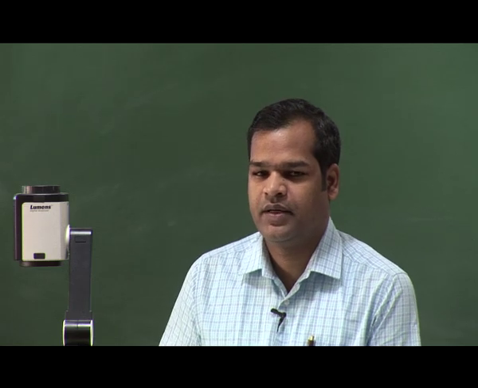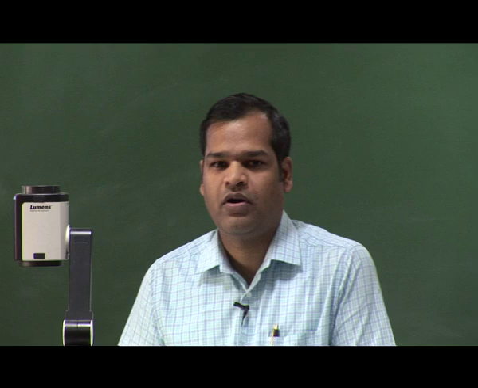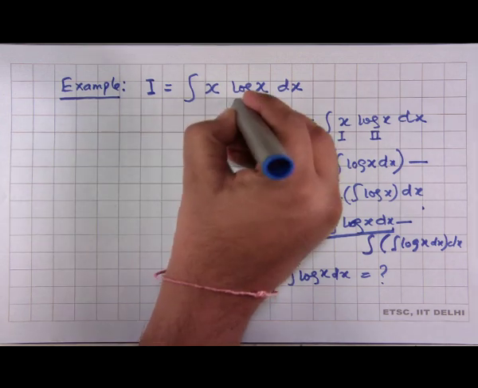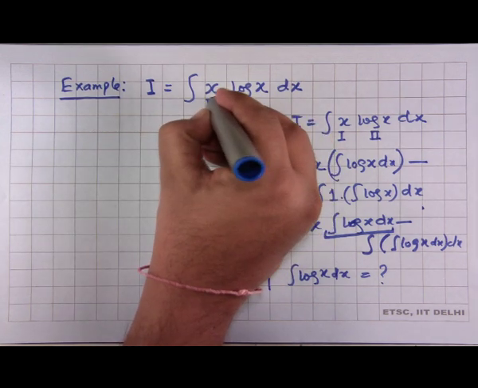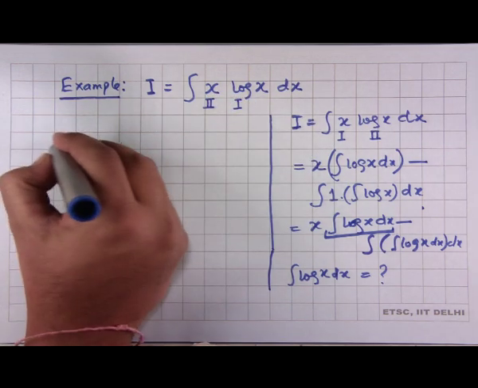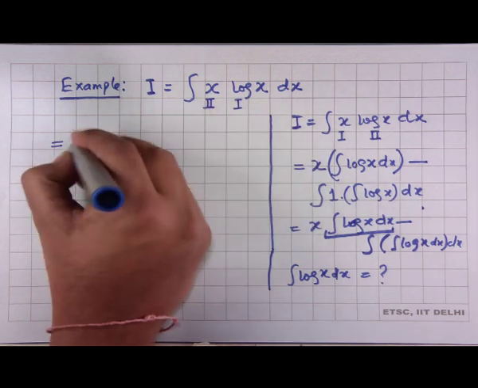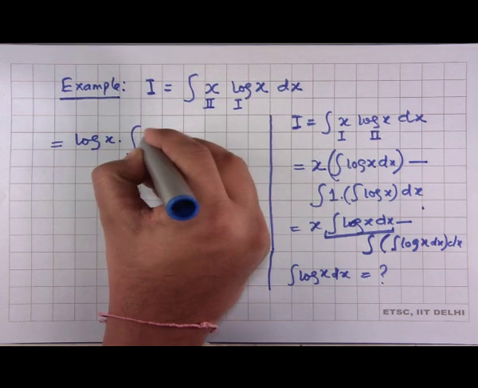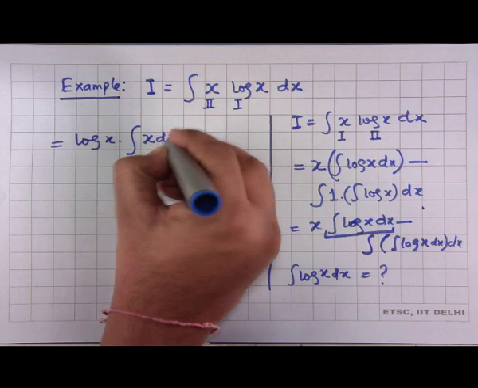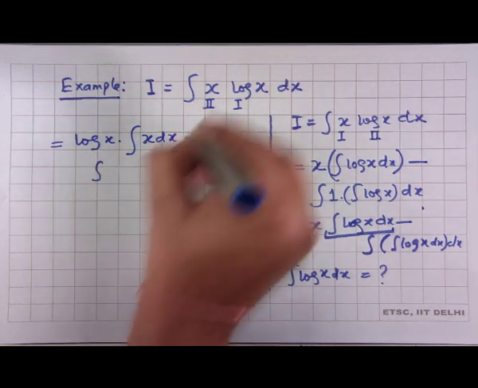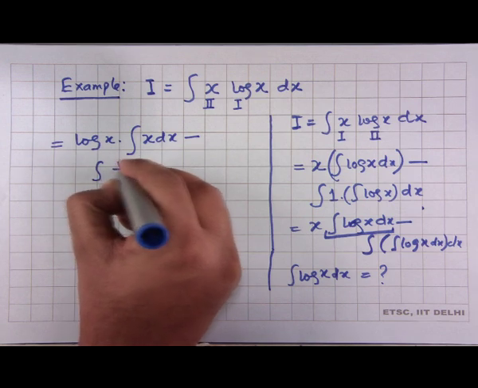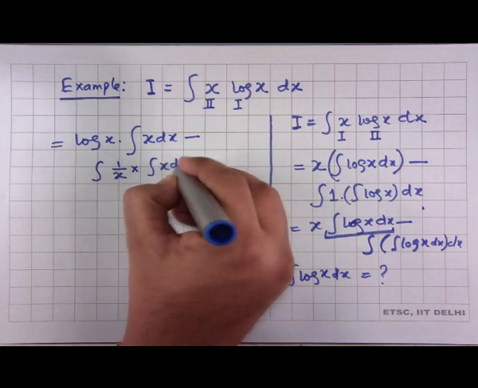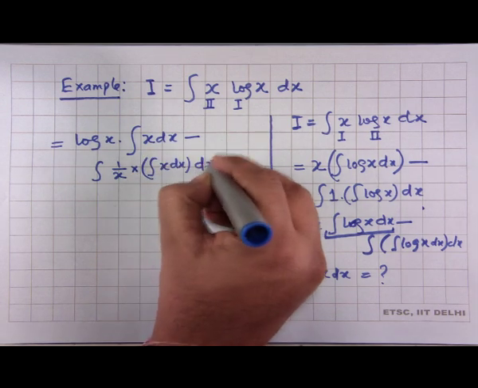So, in this case, let us try log x as first function. Let us call log x as first function and x as second function, then see what happens. So, log x first function, integration of the second, that is integration x dx, minus differentiation of the first, that is differentiation of log x, which is 1 by x, multiplied by integration of the second, x dx, and then whole integration.